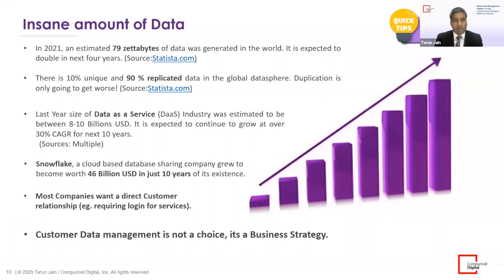Now, we also noticed that in the market, most companies want a direct customer relationship. Having control of your customer relationship is a strategic advantage. So for most companies, customer data management is not a choice any longer. You can't delegate it to someone else and not worry about it. It is a business strategy now.